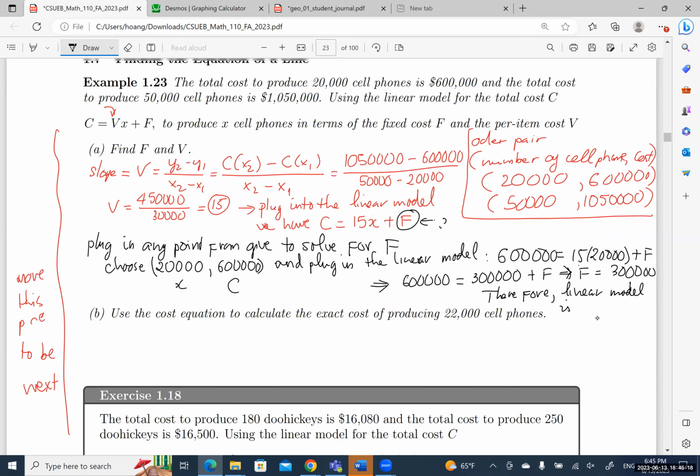You can write as C of X equal to, no, I need to have more space. C of X equal to V of X was 15x plus F was 300,000.